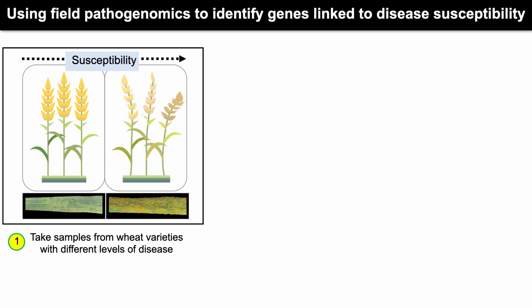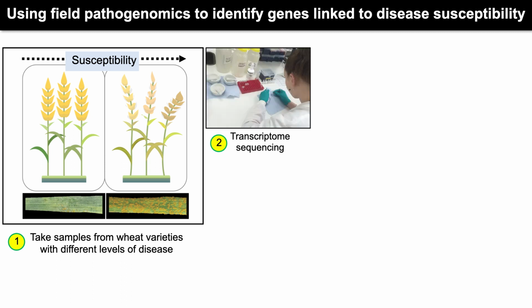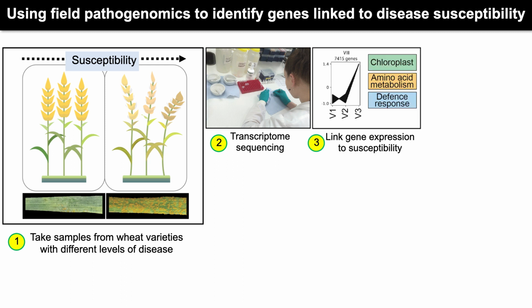We can look at which genes might be only turned on here because they're being actively reprogrammed by the fungus. We do that by transcriptome sequencing and then linking the expression profiles to our particular interactions. So we're looking for things which are specifically being reprogrammed and turned on here in our plant.